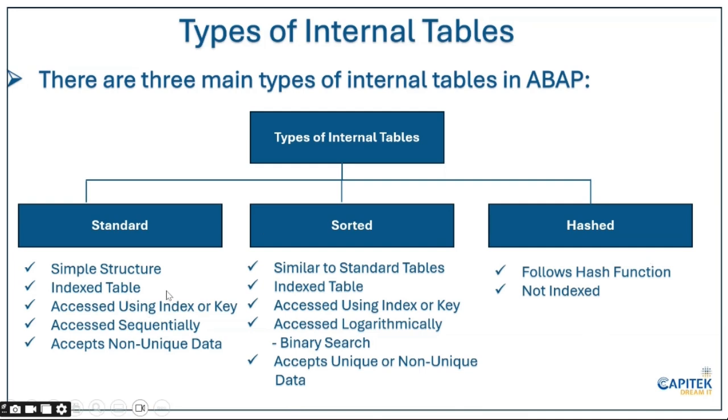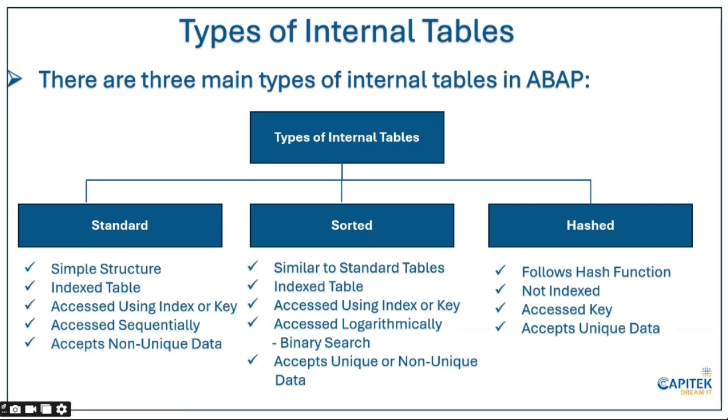Indices mean, like I told, every row is given some reference number, like row 1, row 2, row 3, with an index like 1, 2, 3. You don't see that in the hashed internal table. This can be accessed by key, like standard internal table and sorted internal table.